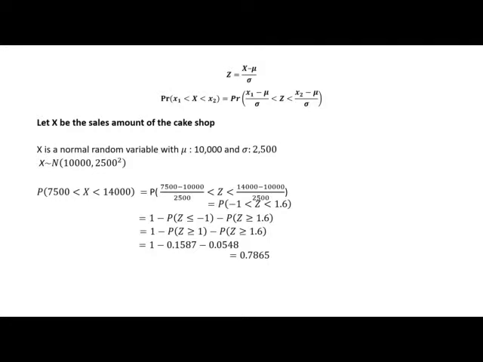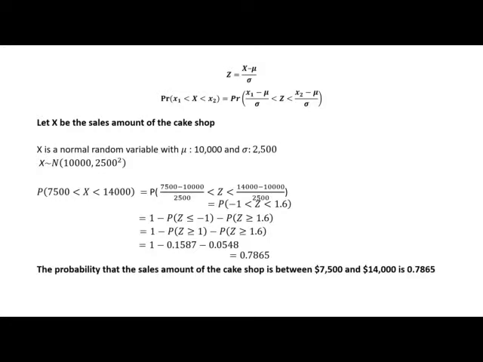Then we can get the answer. The probability that the sales amount of the cake shop is between $7,500 and $14,000 is 0.7865.